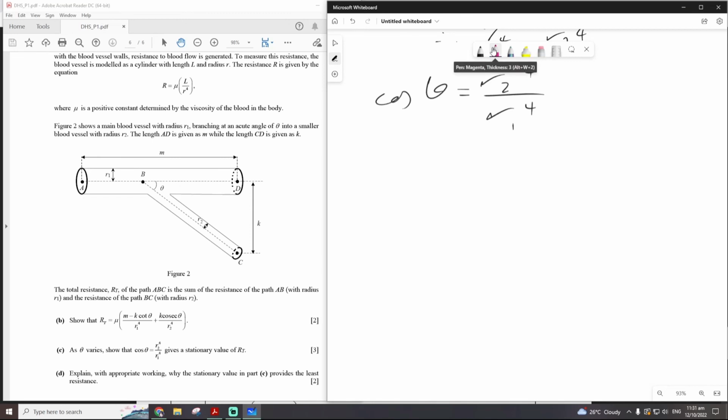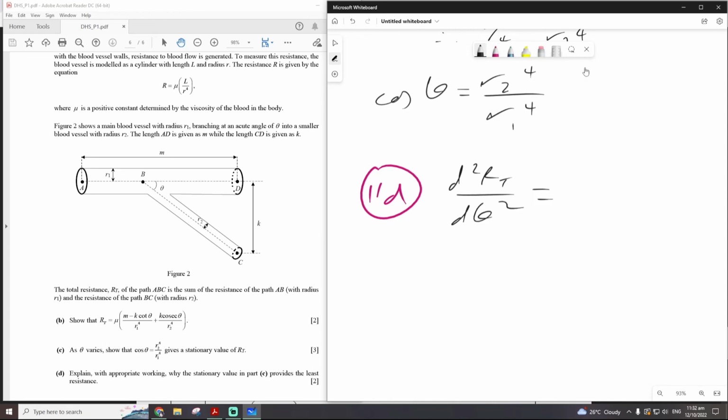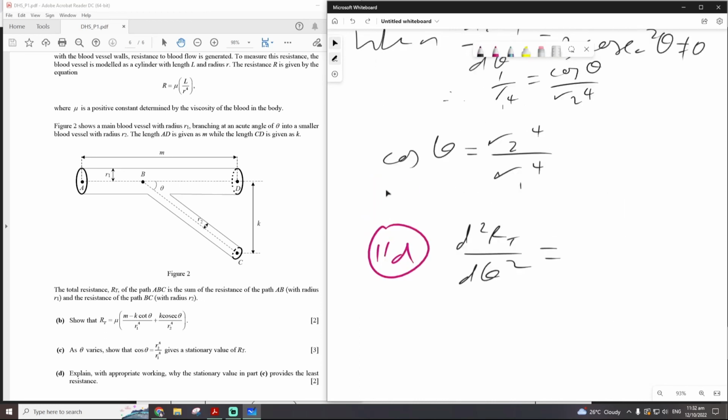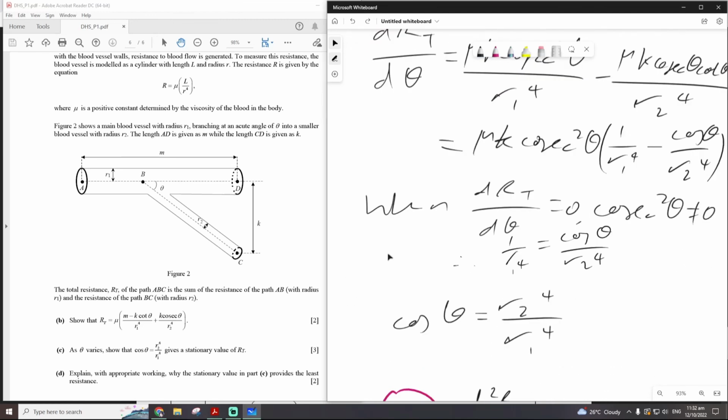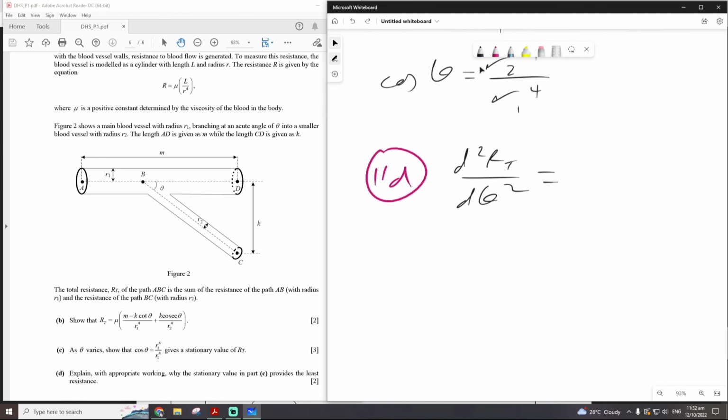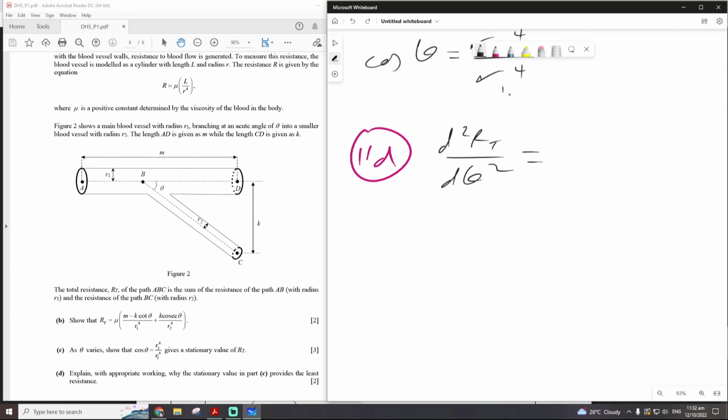And lastly, we need to prove that this is a least resistance. When we have unknown constants, usually we do a second derivative test. The d2RT d theta square. We need to differentiate this thing. So we'll keep the cosecant theta first.